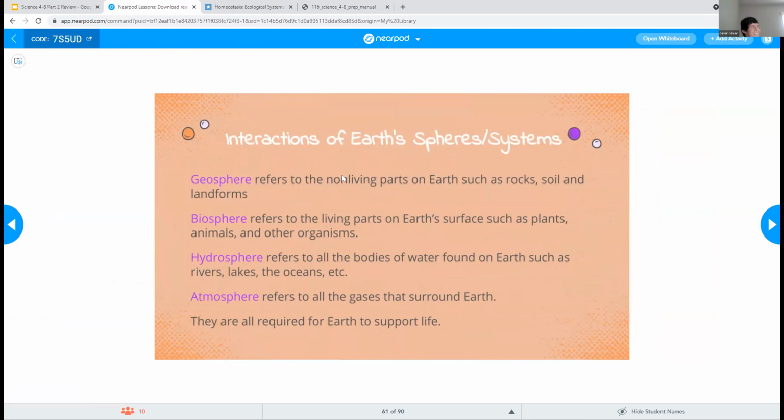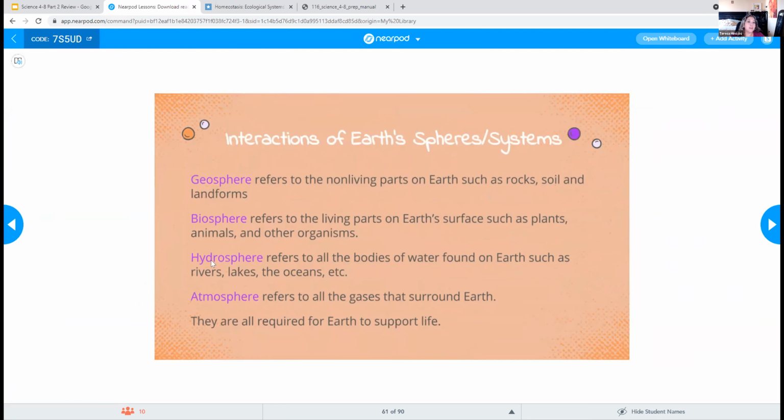All right. So when we talk about Earth's spheres, it's sometimes referred to as Earth spheres or as Earth systems. There are 4 of them. There's the geosphere, which has to do with the non-living parts on Earth, such as rocks and soil. I think of geology. The biosphere refers to all of the living organisms on Earth's surface, such as plants and animals.